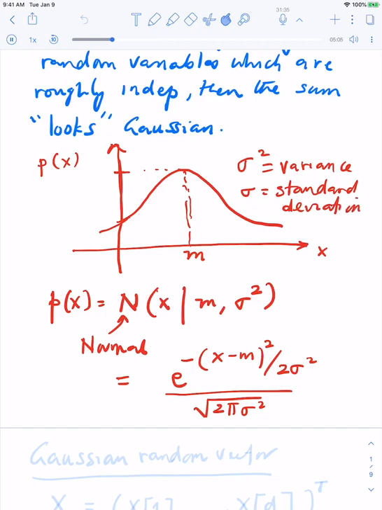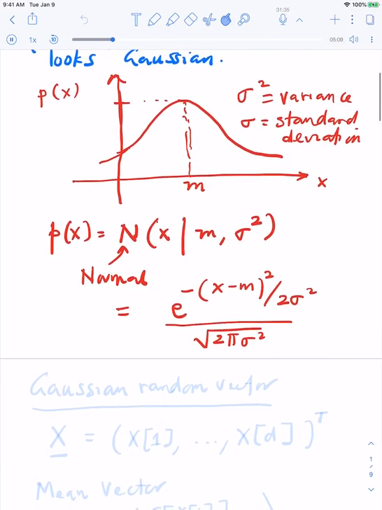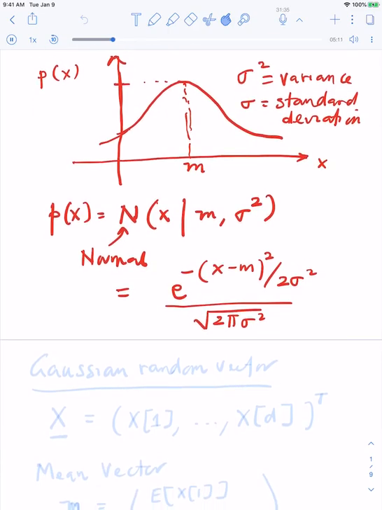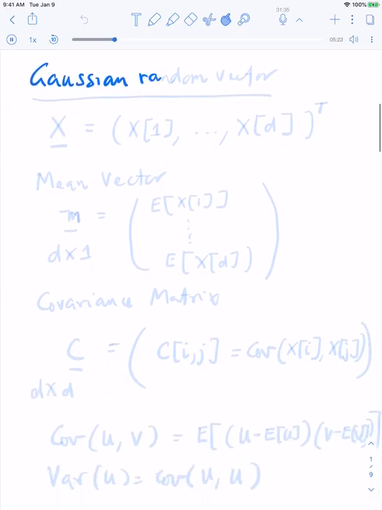So that's as far as the single Gaussian random variable goes. We often want to talk about multiple Gaussian random variables defined on the same probability space, which means we can talk about their joint distribution. So let's write that down. A Gaussian random vector, and that's bold X, but I'm going to here just write it as X with a bar below.